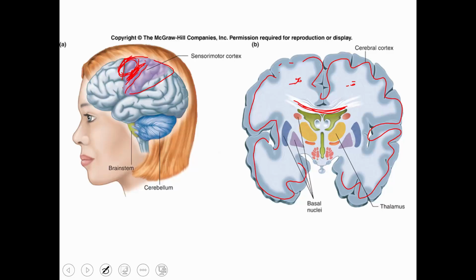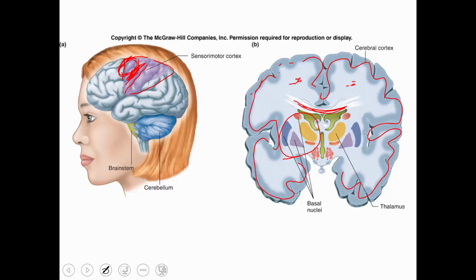And then we have all these things together that we would call subcortical nuclei. So this is gray matter that's below the cortex. So parts of the basal ganglia, the subthalamic nucleus, the thalamus, and those kinds of things.